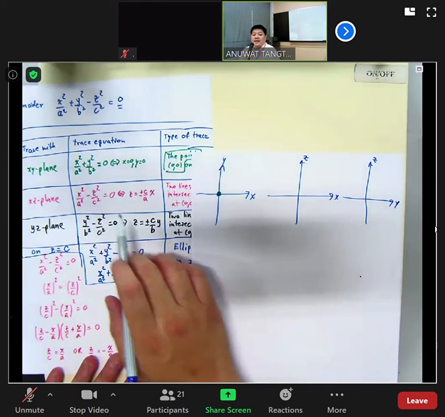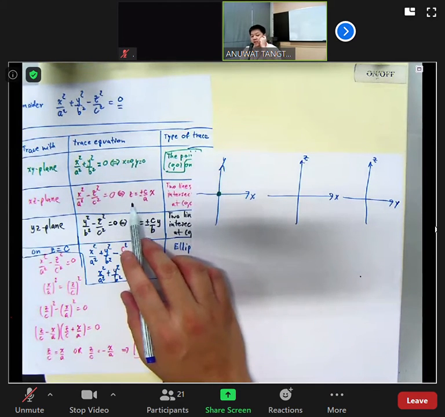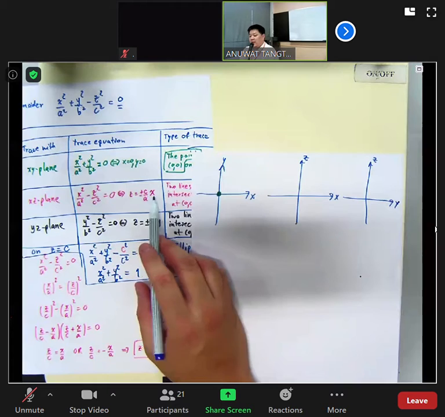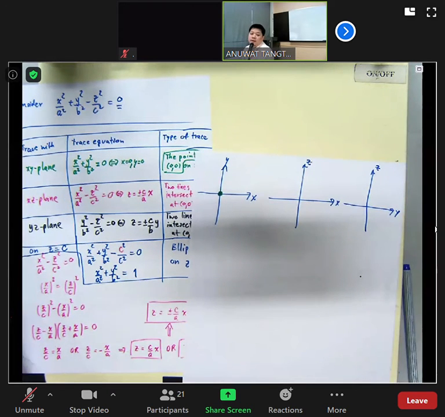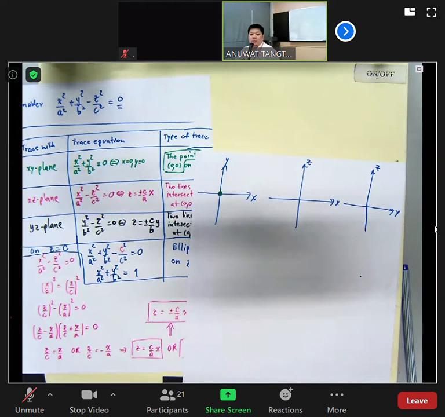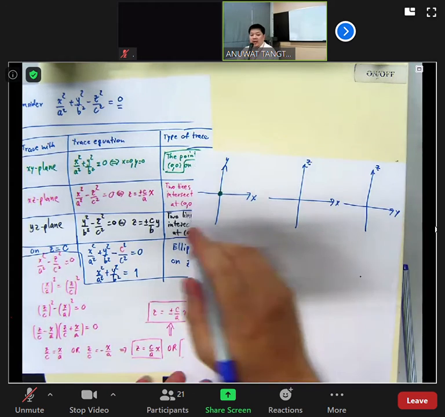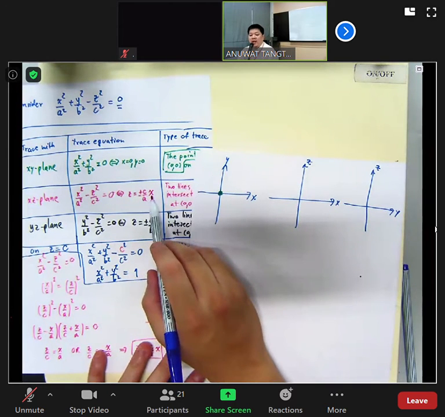Now for the xz plane, the equation would be z equal to plus or minus c over a x. Now let me draw z equal to c over a x when x equal to a.